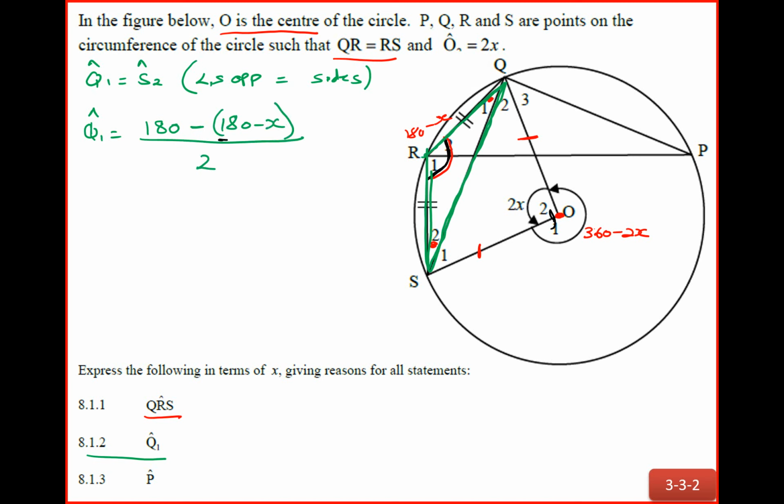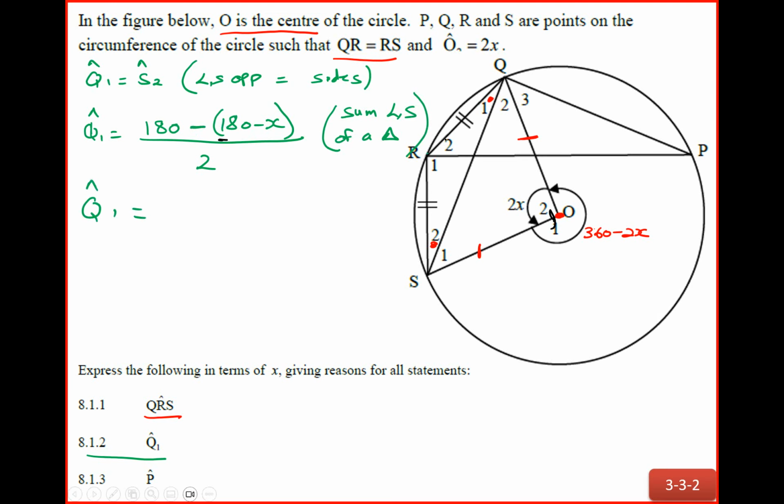And remember, we need a reason for that, and our reason here would be sum of angles of a triangle. And if we work this out algebraically, Q1 is 180 minus, your negative sign is going to change your sign.